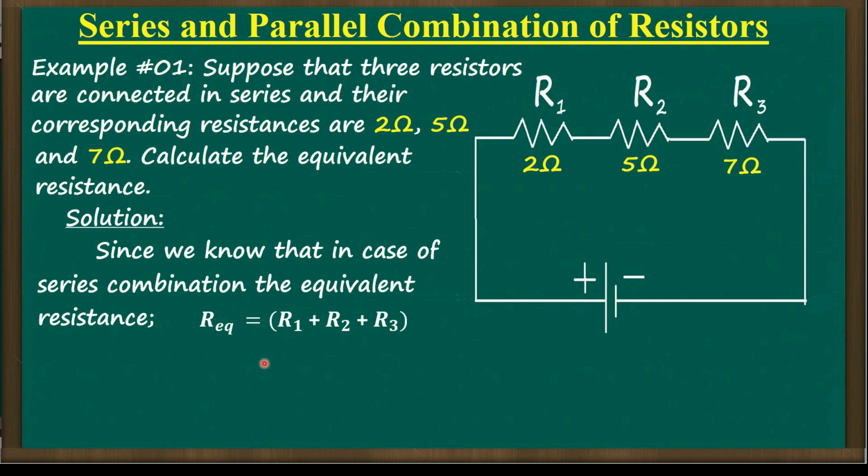Now let us put the values of R1, R2 and R3 in the above equation. We get equivalent resistance is equal to 2 ohm plus 5 ohm plus 7 ohm. Adding these three values gives us equivalent resistance, that is equal to 14 ohm.